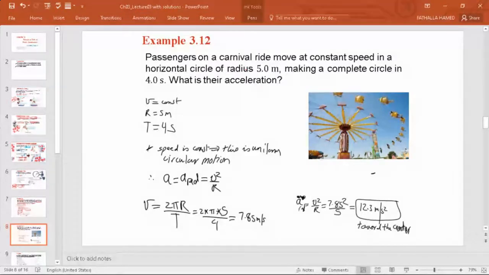If you look at the example carefully, they tell you they move in a horizontal circle, so it's circular motion, and they tell you constant speed, you know right away it's uniform circular motion. They give you the radius here, and they give you the T. And they ask for the acceleration.